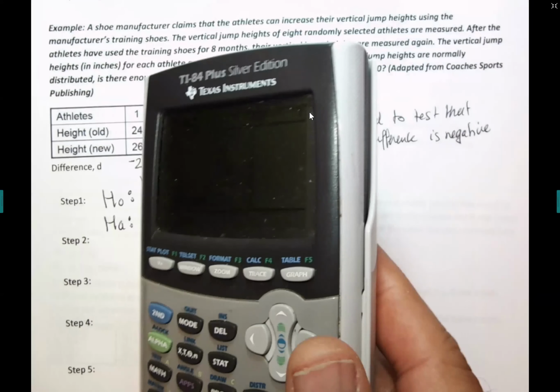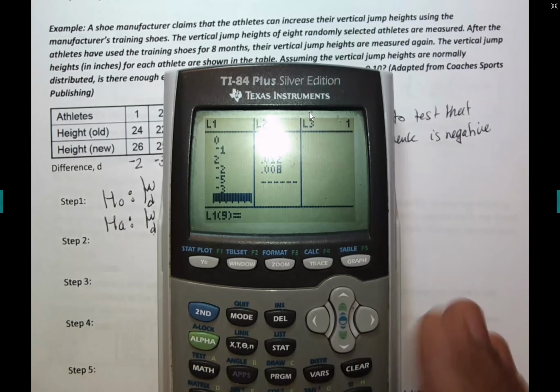I'll show you the list once I do it. 0, -1, 2, -2, then -5, then -3. Probably we're gonna support the claim because most of the numbers are negative.